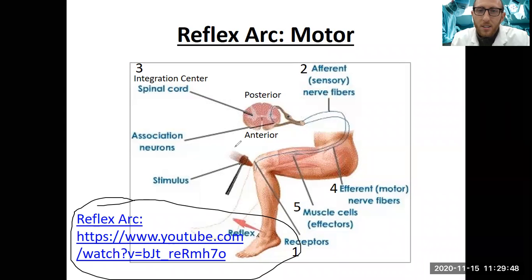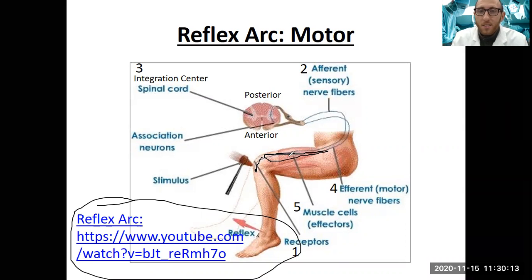And the brief summary is that your muscles don't want to be stretched rapidly. And if you remember from the muscle lab, the quadriceps insert into the tibia. And if you hit that patellar tendon, it stretches the tendon, which stretches the muscle.